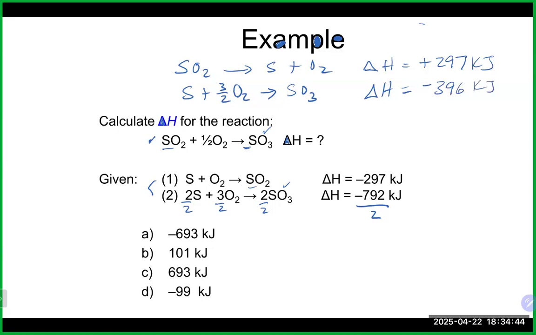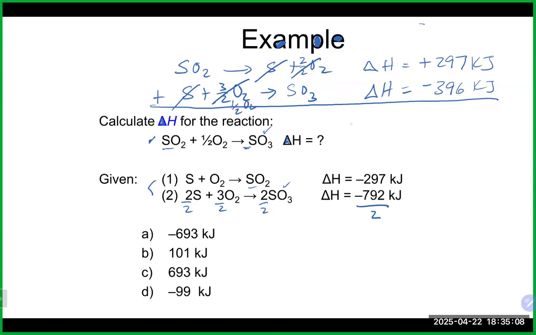At this point, if we did this correctly, we should add up to the equation we're looking for, since we're out of equations. The S's will cancel. The O's will also reduce down, and basically that is 2/2, right? So that's going to leave us a 1/2 over here, right? O2.